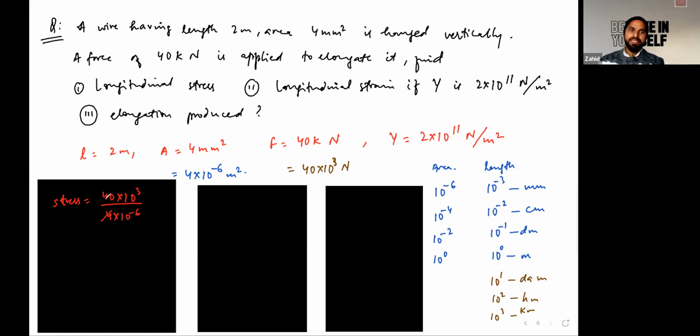So this 4 will cancel out with 40, leaving 10. The 10 to the power minus 6 on moving to the numerator becomes positive 6. So you will get 10 to the power plus 1, 10 to the power plus 3, and 10 to the power 6. On combining, it will be 10 to the power 10 Newton per meter square.